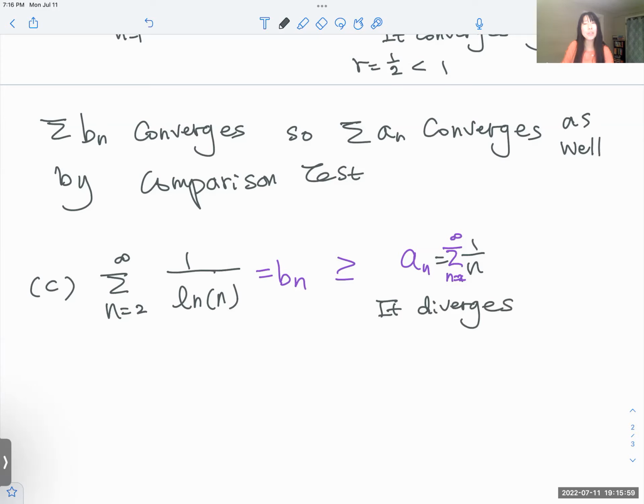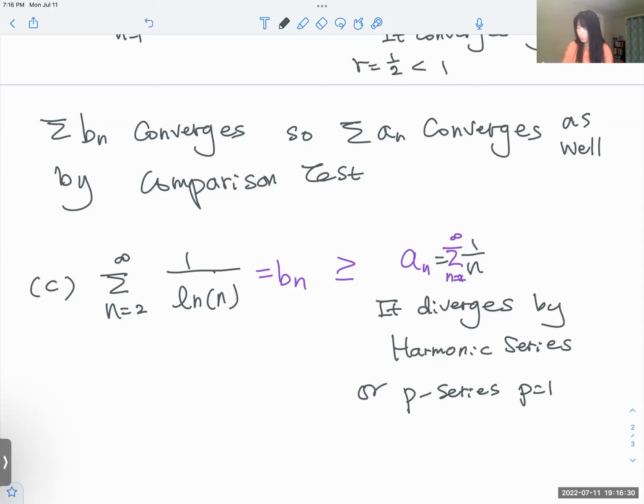Why? Does anyone notice this one? Harmonic series. Yeah. Okay. So we know that this diverges by the harmonic series, right? And also we can say that by the p-series, p equal to 1, less than or equal to 1, right? Okay. All right.